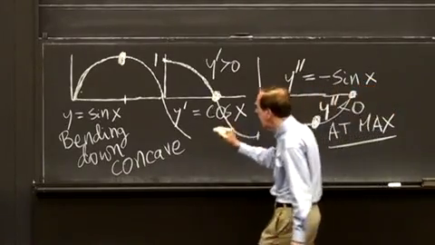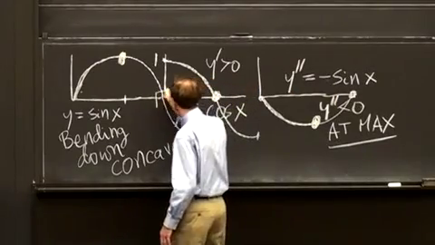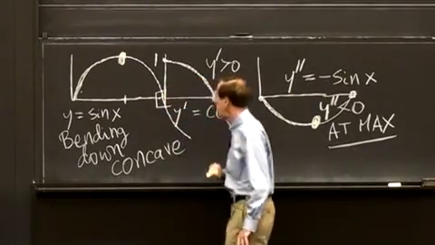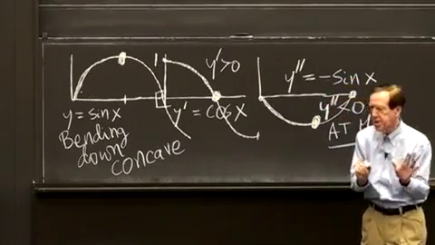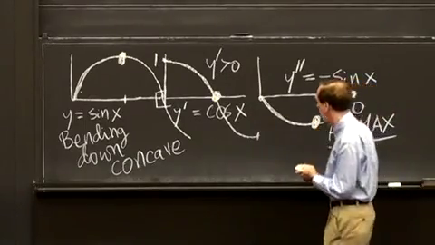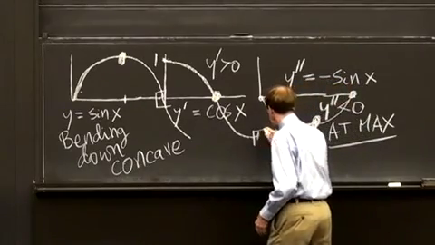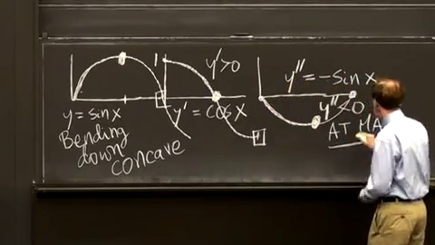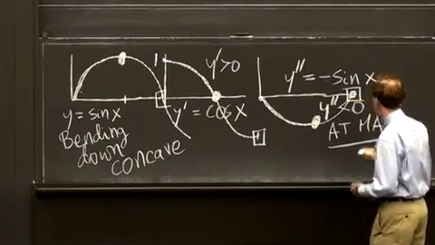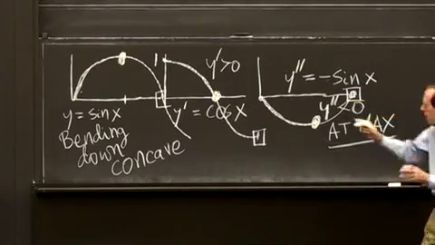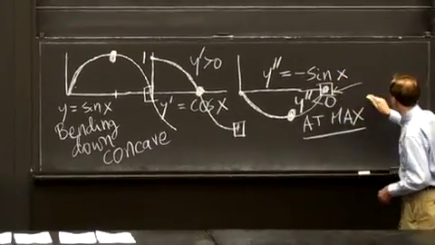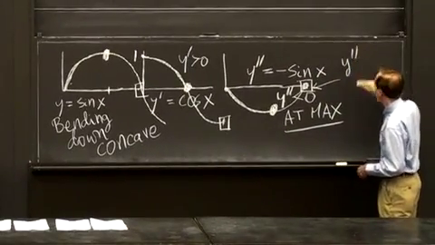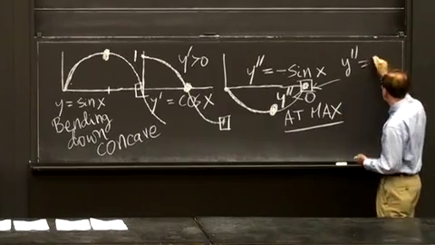Can I identify that point? Something's happening there. I don't quite know how to say what yet. It's got to show up here, and it has to show up here. So whatever is happening is showing up by a point where y double prime, the second derivative, is 0.